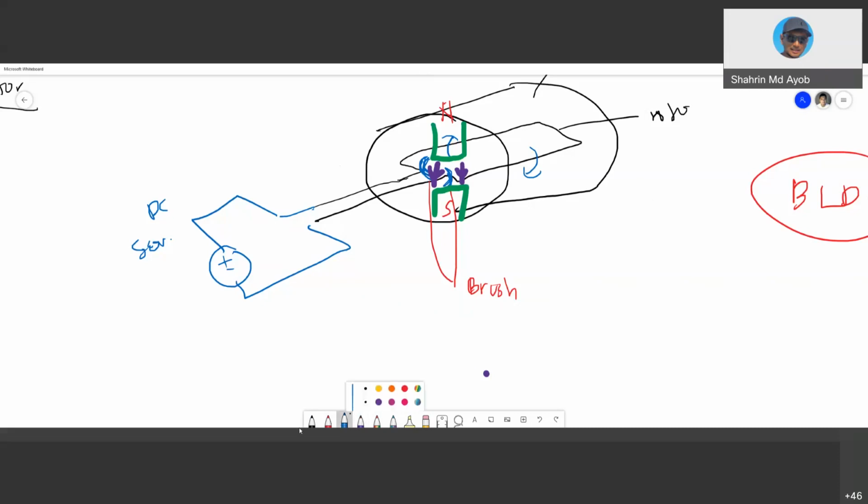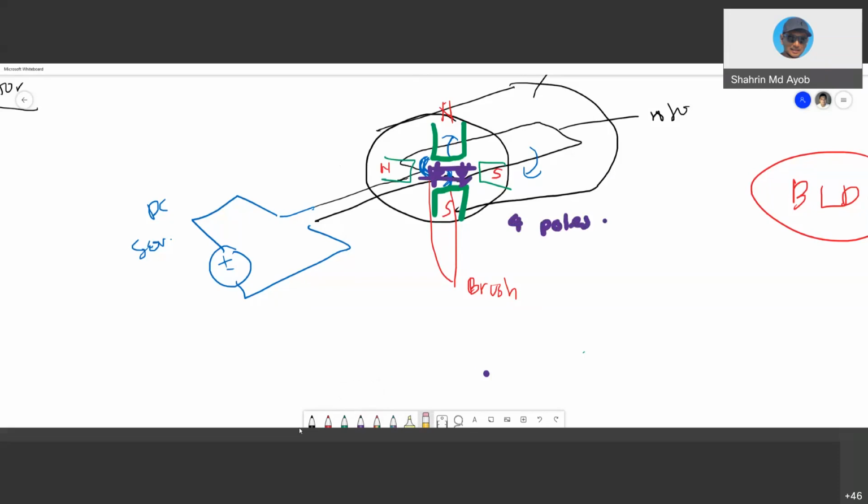Let's continue. We also have another north and south pole here, and the flux, so maybe this one is four poles.